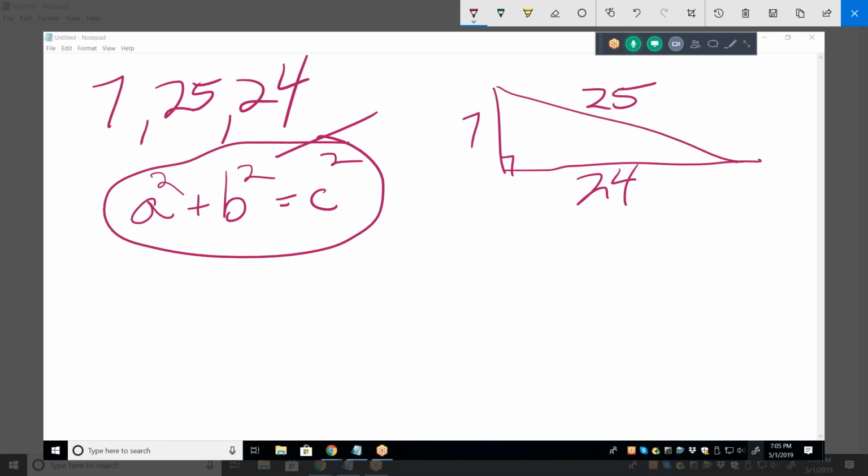So how can I prove this is true? What do I have to plug in? So A would be 7 squared plus 24 squared equals 25 squared. Is that true?